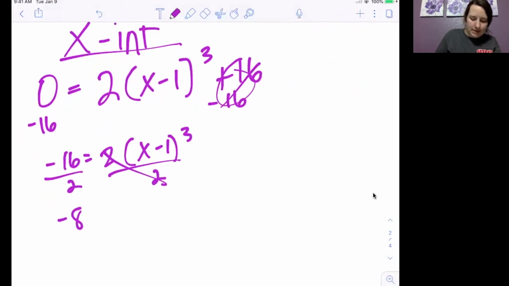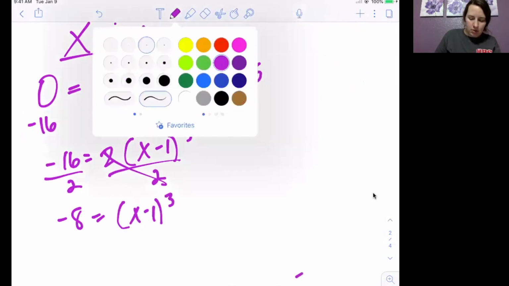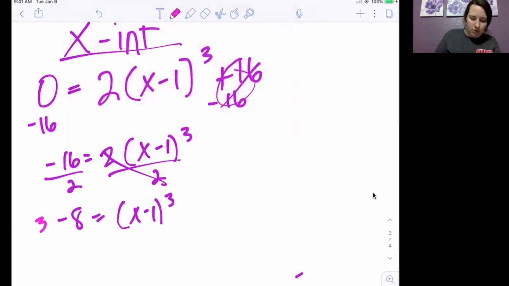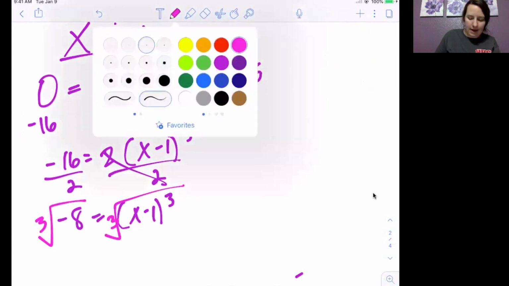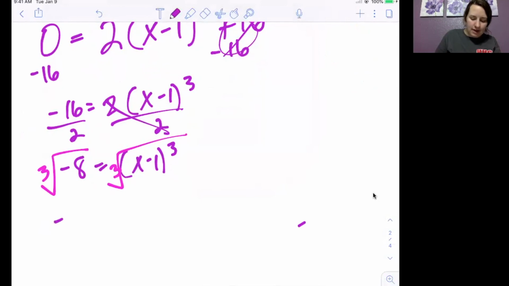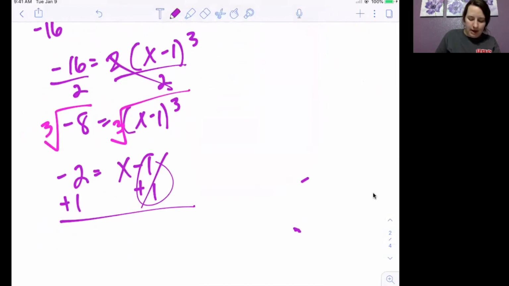So -8 equals x minus 1 cubed. We're going to go ahead and take the cube root of both sides. So I want to know what number times itself times itself equals -8. Cube root of -8 is -2. So -2 equals x minus 1. And when I add the 1 over, we find out that x equals -1.